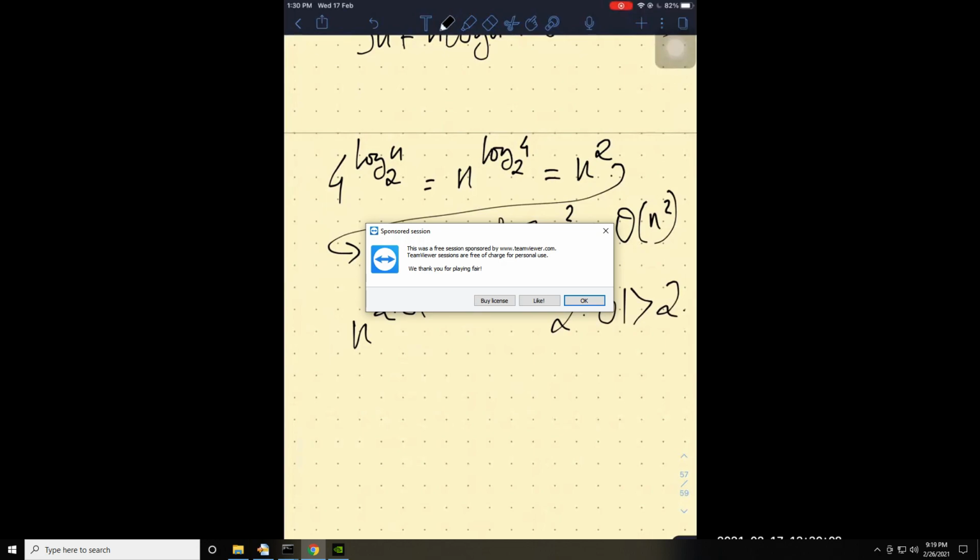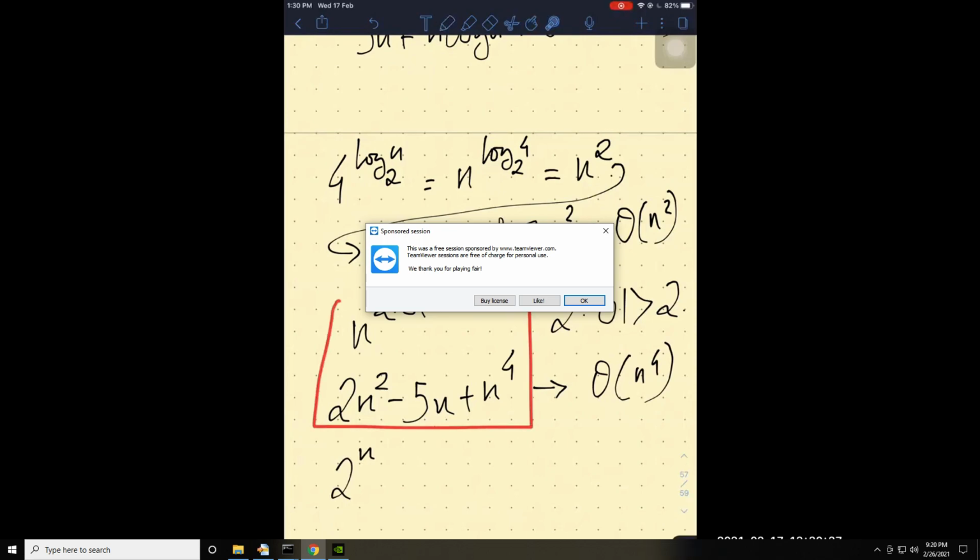Then we get 2n squared minus 5n plus n to the power 4. It will have runtime of theta n to the power 4. Then comes 2 to the power n, as it is an exponential function. So these functions were polynomial, and this is exponential. So exponential always grows faster than polynomial.